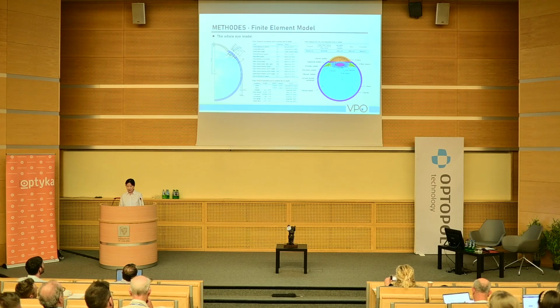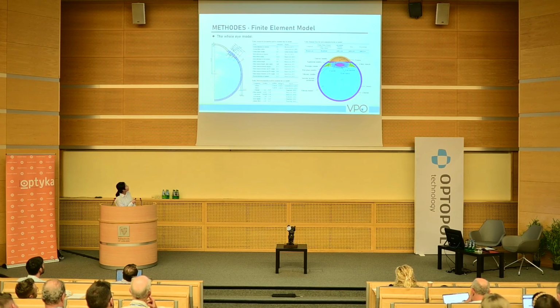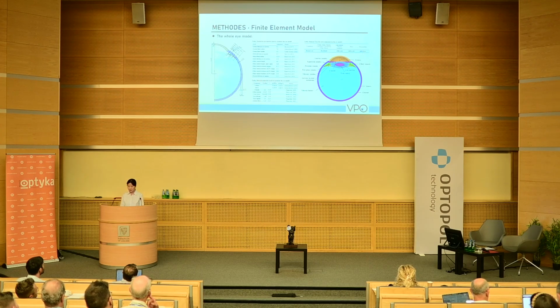We assembled this pre-stressed lens model into an eyeball model to get a complete model, and then we performed a finite element simulation of accommodation based on the initial stresses.